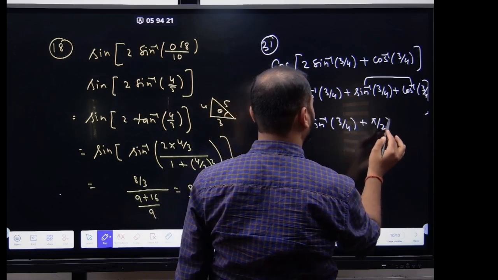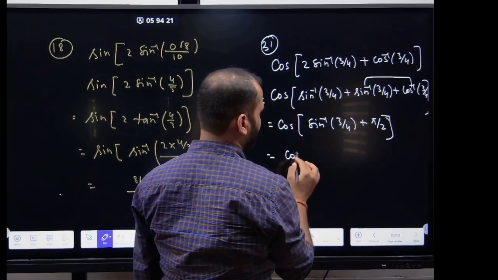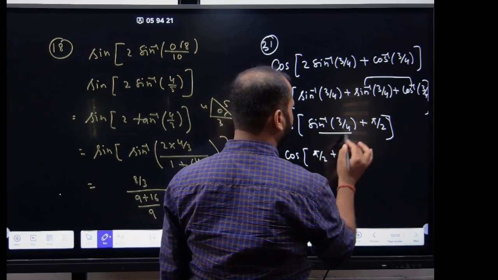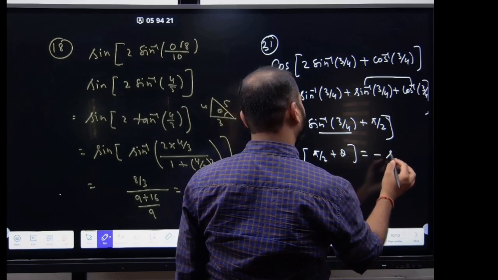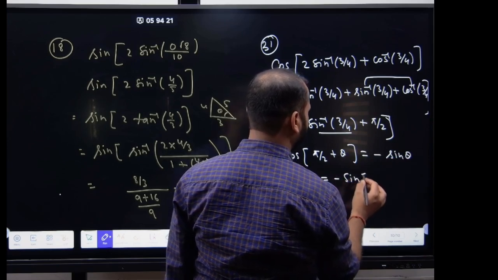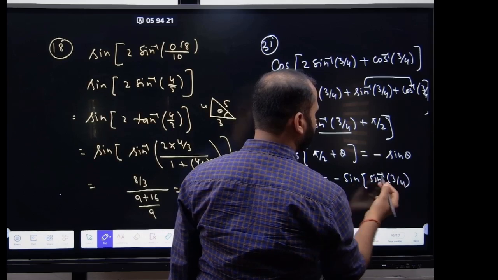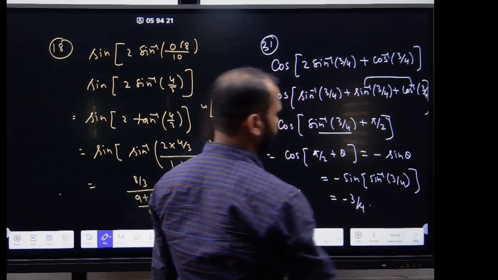Can I write like this? No problem. Now, one more piece of information you tell me. Cos, this is 90 degrees, correct? And let this angle be theta. Cos of 90 plus theta is minus sin theta. Now, minus sin, what is theta? Sin inverse of 3 by 4. Now, sin and sin inverse get cancelled, right? Minus 3 by 4 will be the answer.